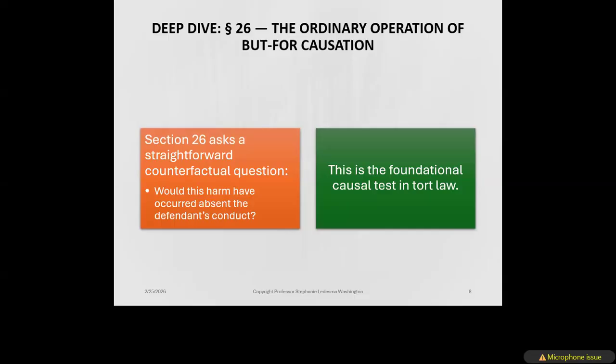If the harm does not occur once you've removed the defendant's negligent conduct, you see that the defendant's negligent conduct was a necessary condition of the injury, and factual causation is thereby established.